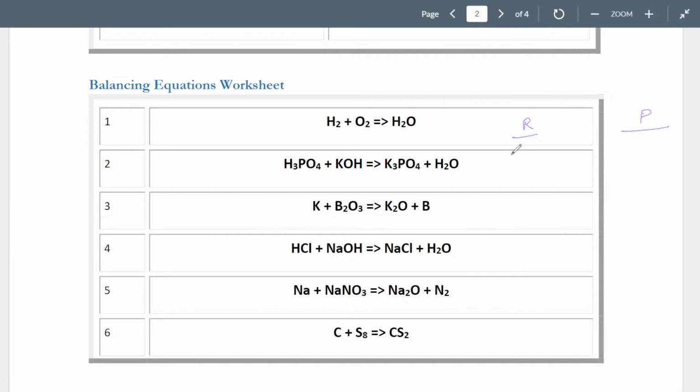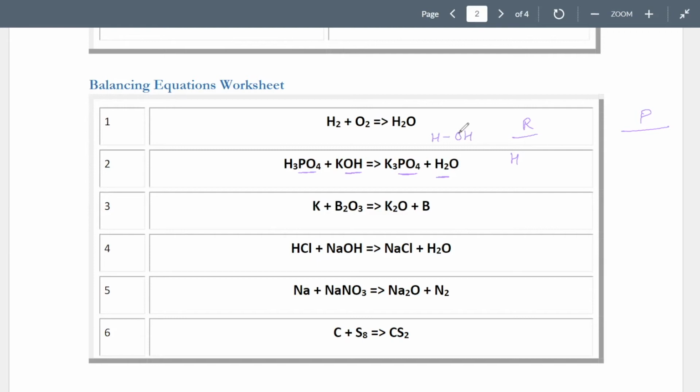There is hydrogen, and this is a polyatomic ion. Because we have OH here as a polyatomic ion, we will think of H2O as HOH.